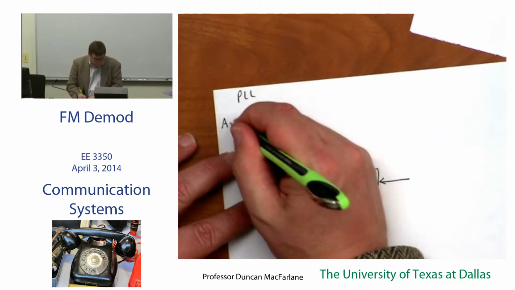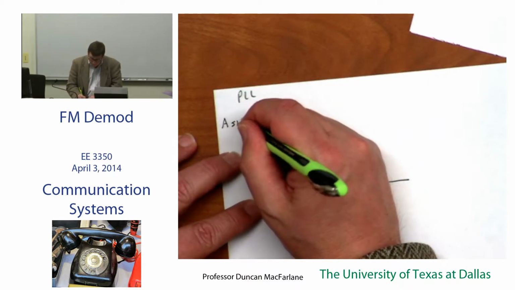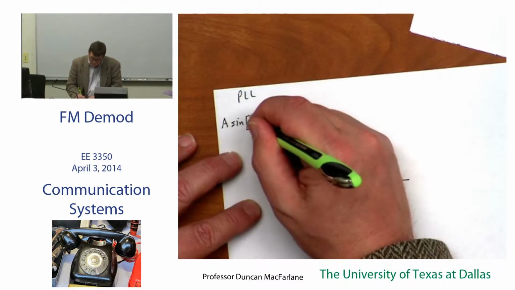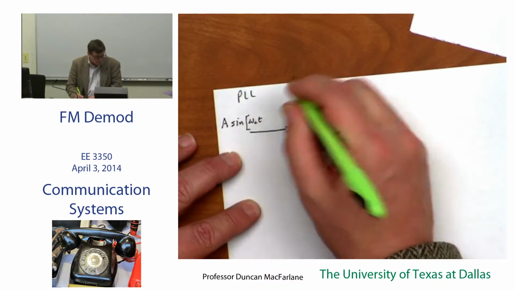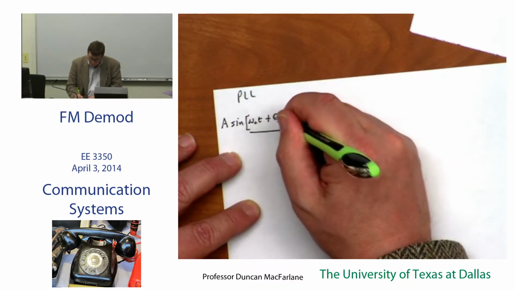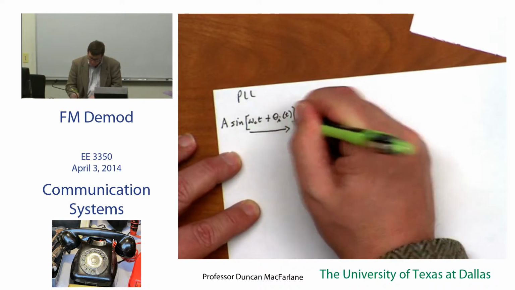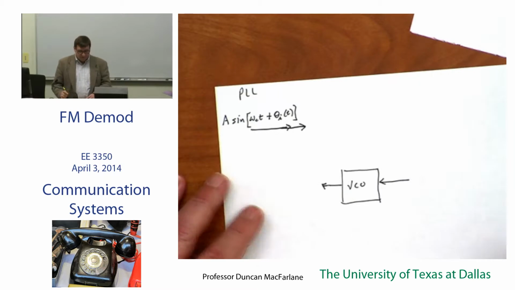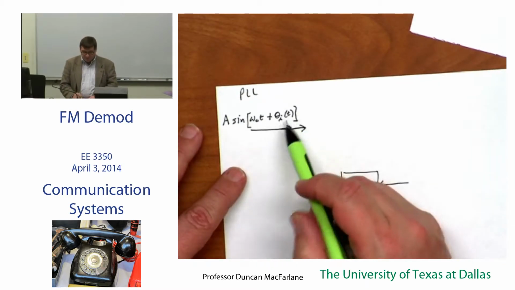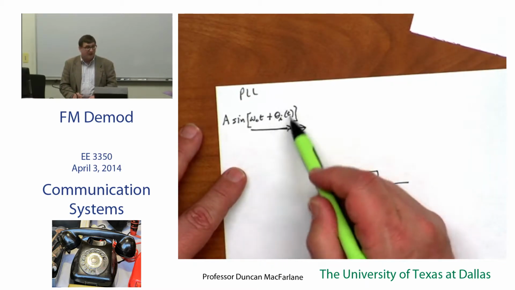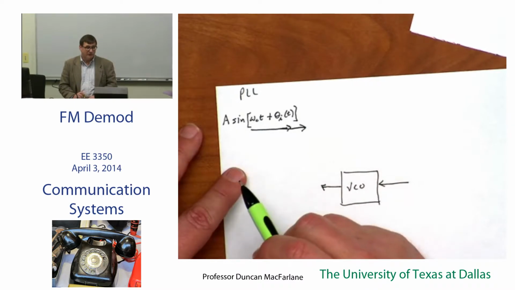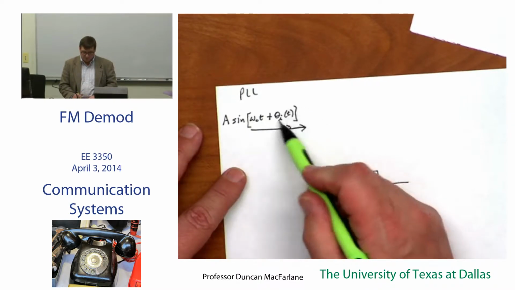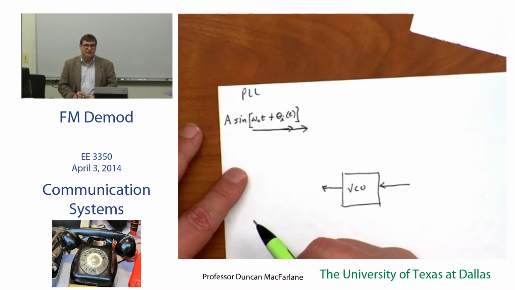And I'm going to write this in a simplified mathematical way. If this were an AM signal, then the message signal would just be in this theta input term, proportional to this radian phase shift.